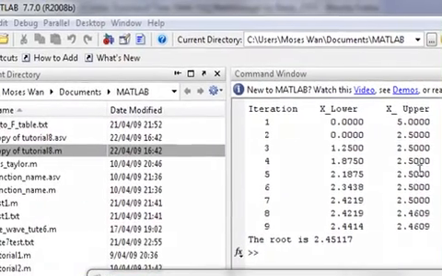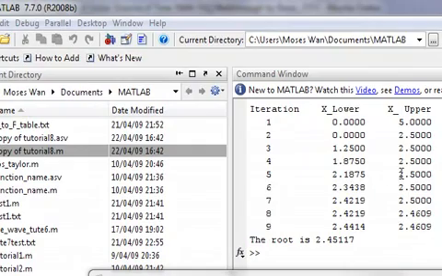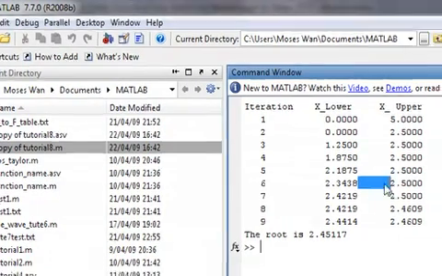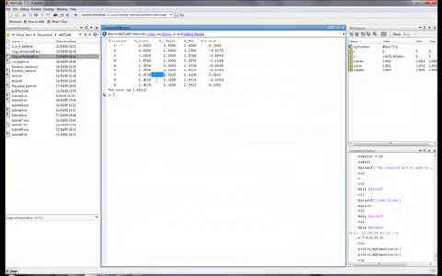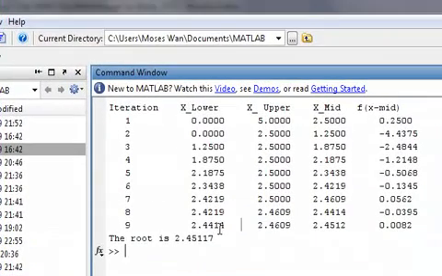It keeps going, and as you can see, these intervals keep narrowing down until they're very minute. Then we take half, and this time when we substitute it in, it's in between negative 0.01 and 0.01. So we'll just make that our root.